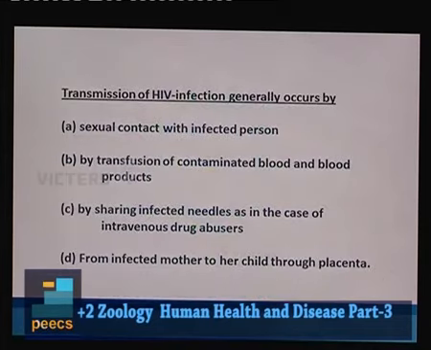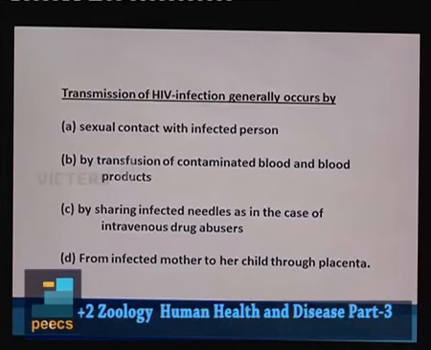Now, how is HIV transmitted? HIV is transmitted by 4 different ways. First one, by sexual contact with an infected person. Second, by transfusion of contaminated blood and blood products. Third one, by sharing infected needles, as in the case of intravenous drug abusers, and also from infected mother to her child through placenta.